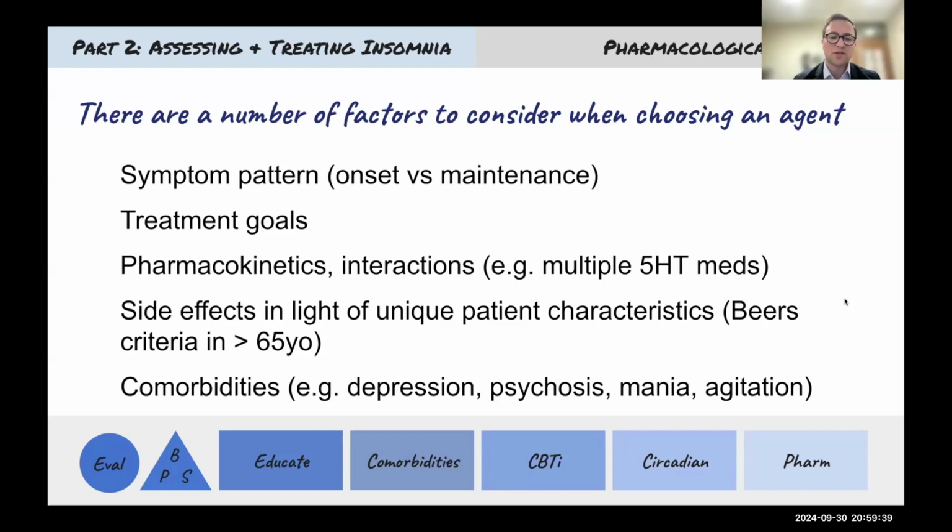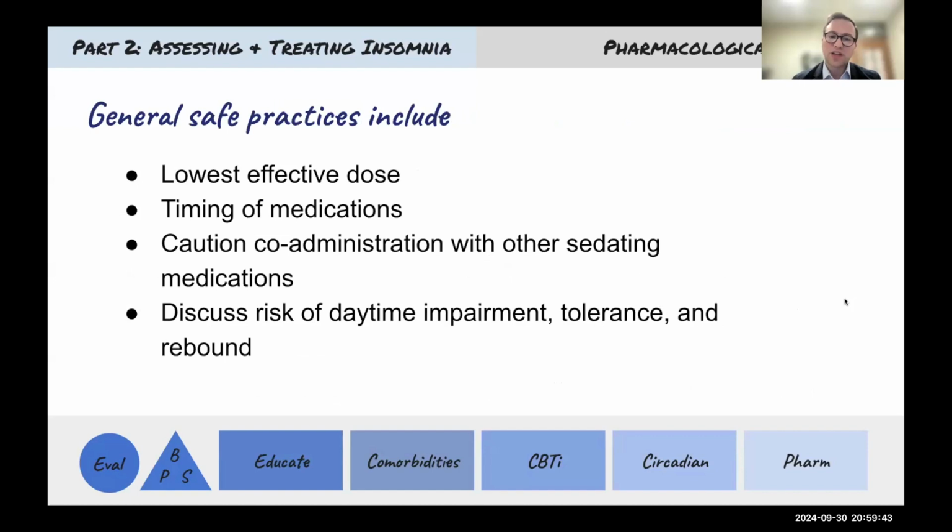And also we want to consider their mental health comorbidities. General safe practices include using the lowest effective dose, optimizing the timing of the medications, avoiding co-administration with other sedating medications, and then discussing the risks such as daytime impairment, tolerance, and rebound insomnia.